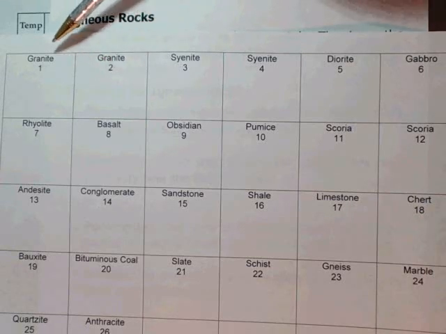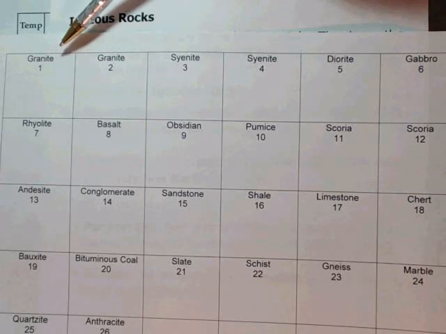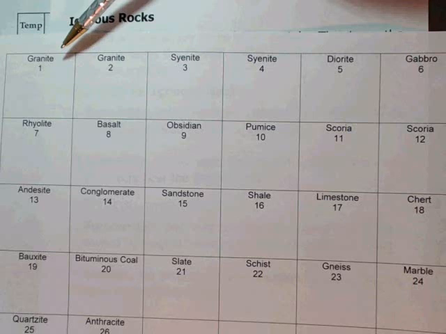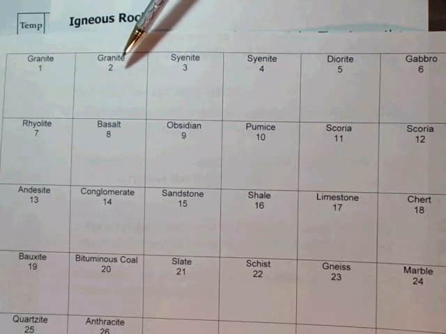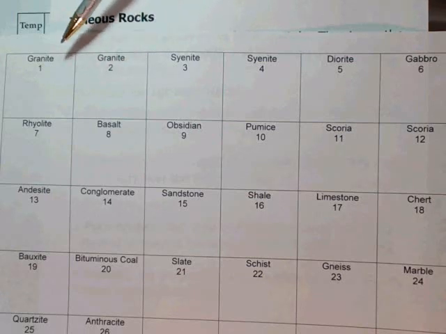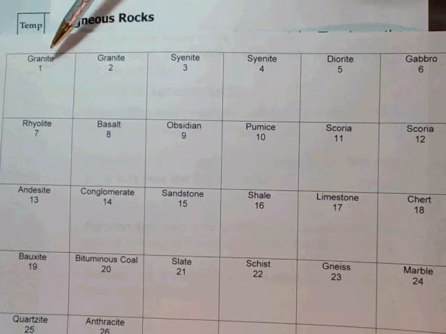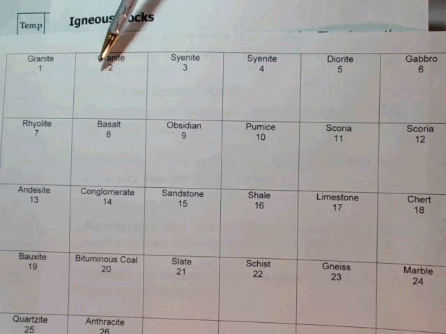The first granite sample doesn't have quite as large mineral crystals in it. Granite 2 has much larger crystal sizes. So we can say that granite 1 cooled a lot faster than granite 2, because granite 2 has larger mineral crystals in it.